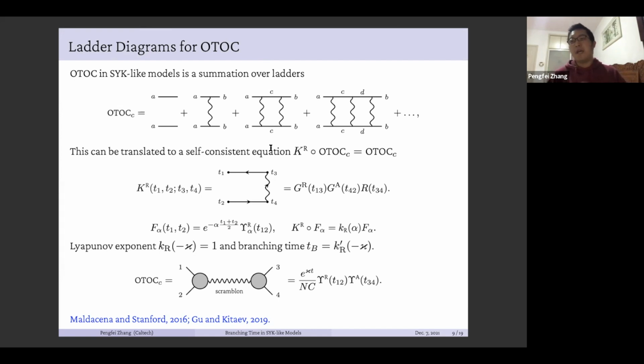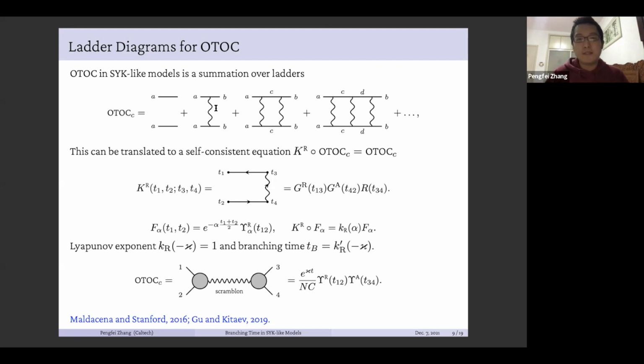Whenever we have such a ladder diagram, we can translate it into a self-consistent equation defining some retarded kernel. Here the retarded kernel is given by the retarded Green's function times the advanced Green's function times this vertical line, which is the rung function.